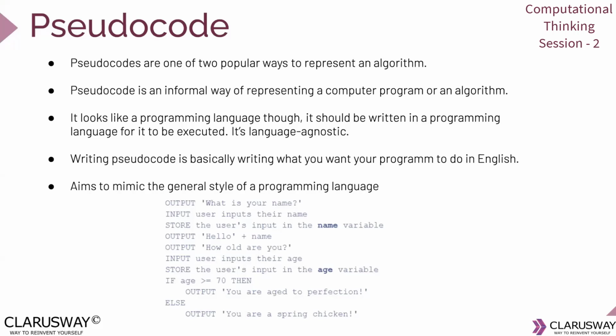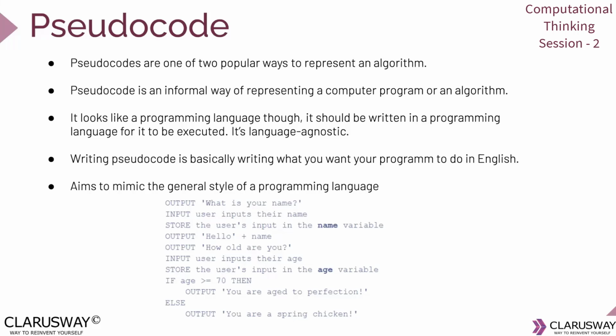And as the last bullet point, we have: aims to mimic the general style of programming language. So this is what makes it different from writing a passage, for example, or a long story or anything like that. It has to look like a programming language also. I'm talking about the look of it, and also the function of it. It already has to be like a programming language. It has to have some logic behind it.